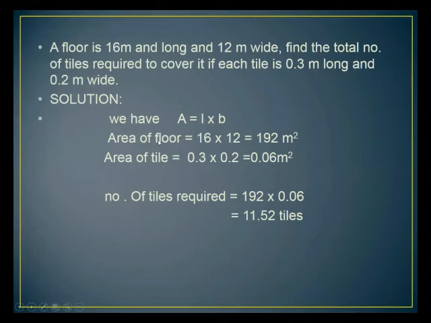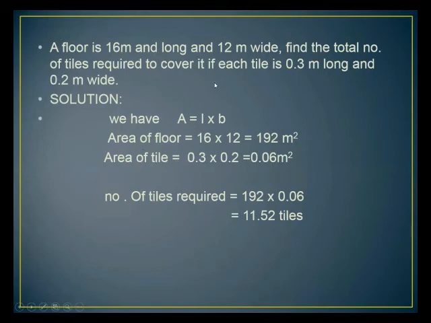The unit of area is always squared. Either we are using centimeter, so it will become centimeter square, or if we are using meter, it will become meter square or square meter. We can also say that. So that's how we get 192 square meter.